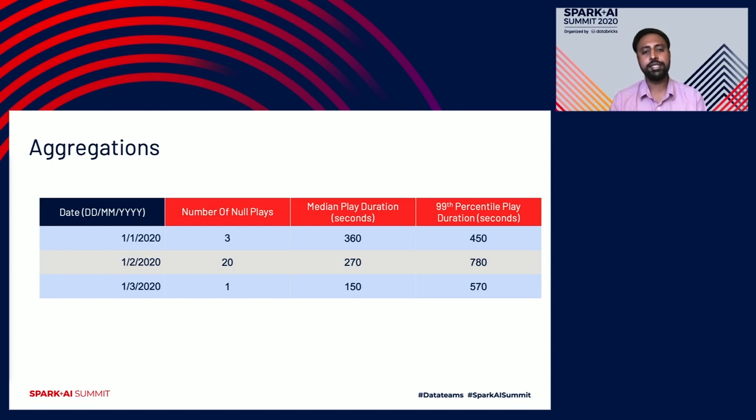You can see that there is an aggregation on the number of null plays, there's a median play duration, and there's also 99 percentile play duration. And so you can have a bunch of those. From these aggregations itself, you can see that the number of null plays for a particular day is high, right? So that kind of gives you an idea of how these aggregations would help, and so you can have multiple of these kind of aggregation columns.